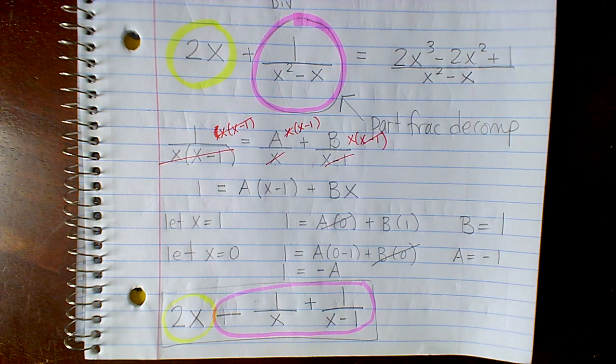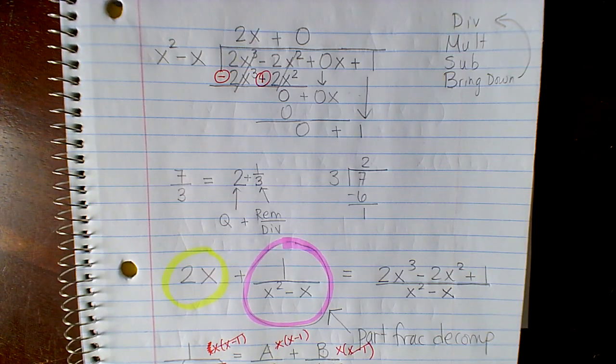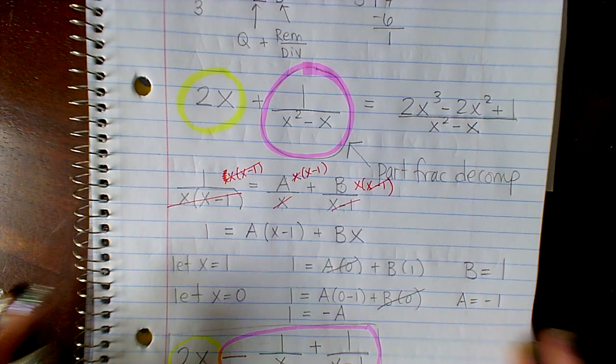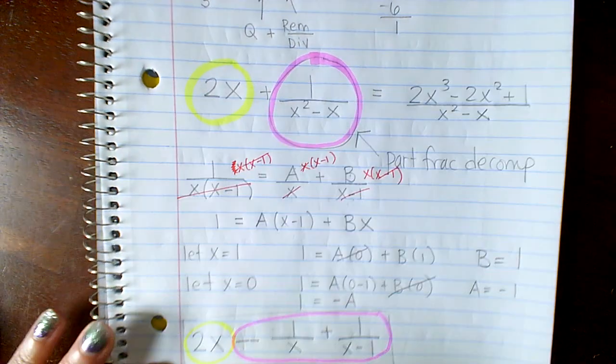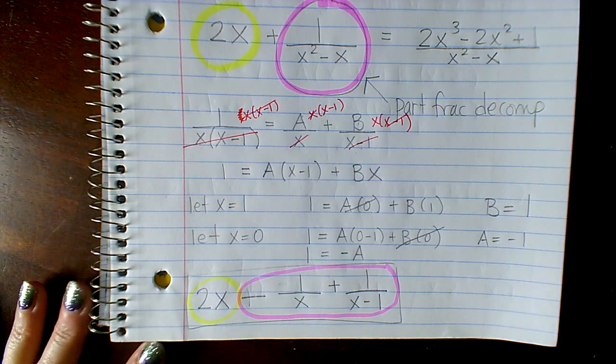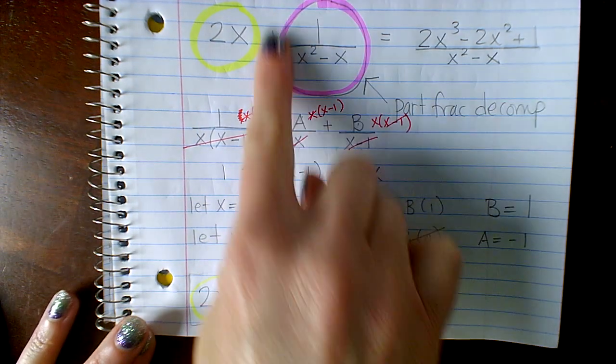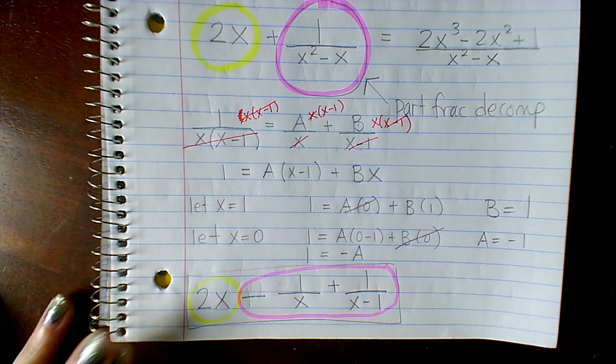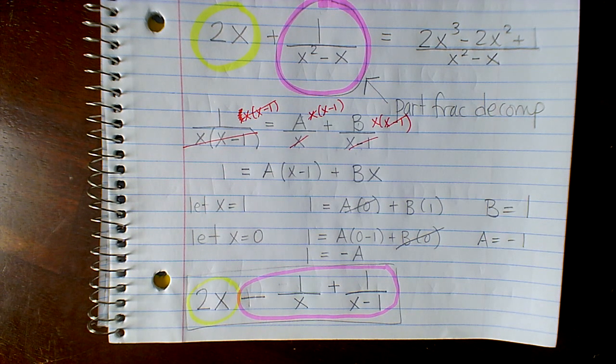So this one's kind of challenging because you have so much going on. You've got that polynomial long division at the beginning, and then you have to remember to hang on to this part of your answer and decompose this using that partial fraction decomposition technique.